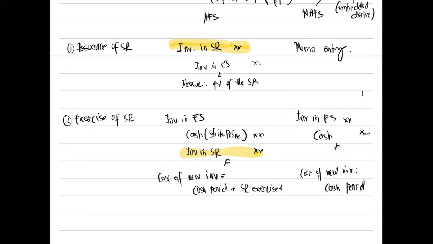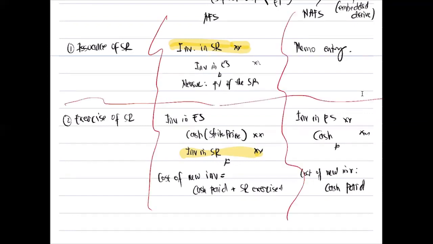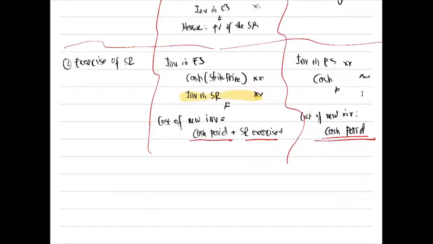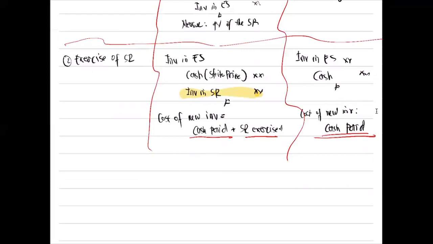Earlier, we looked at the AFS, where the cost of new investment is equal to cash paid plus stock rights. Here in not accounted for separately, only the cash paid. Another difference is as to the sale of stock rights.